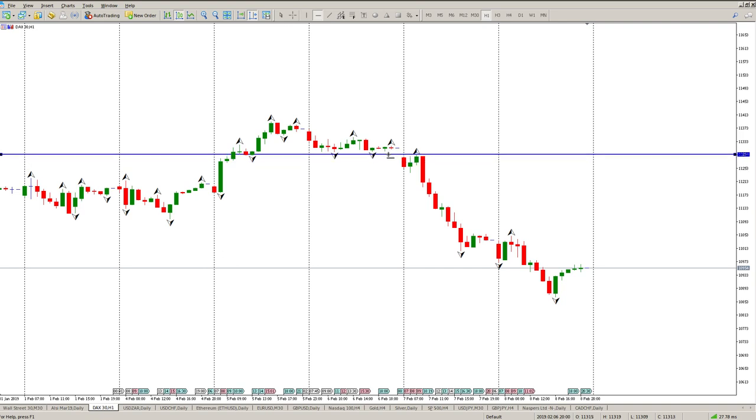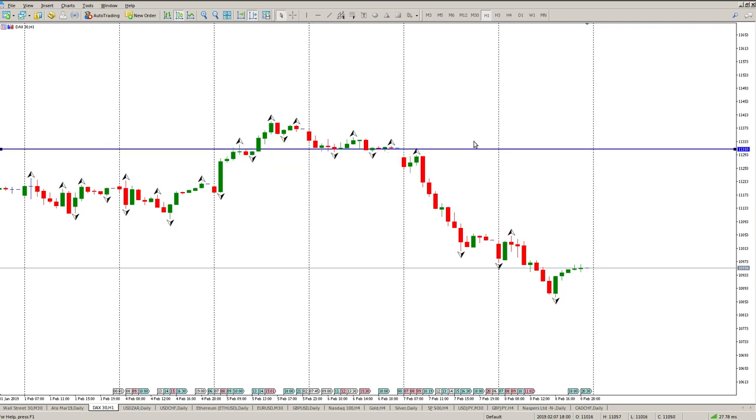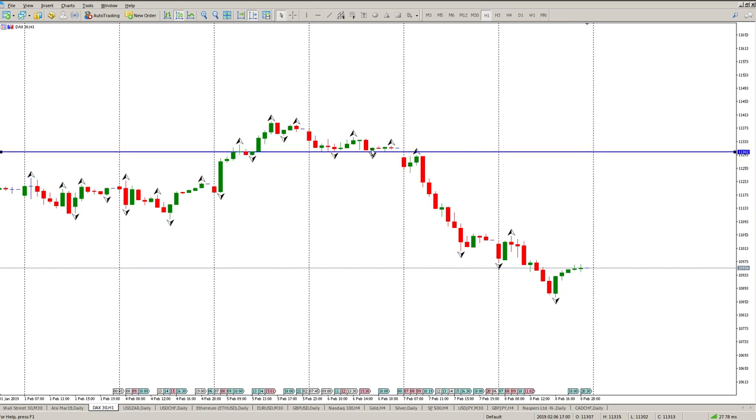So firstly, during this day, there was my fractal. Pretty tough one to see, but to the left it's right, to the right it's a bit tough, but that is my fractal. You can see I broke through the fractal. Now the fractal represents a level. You see that? So I've broken through that level.